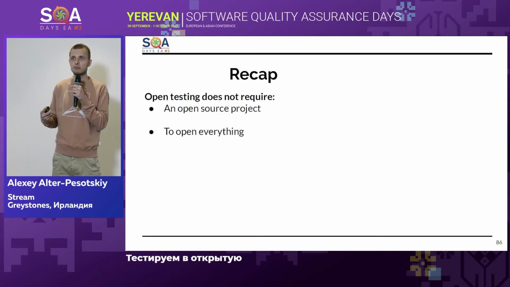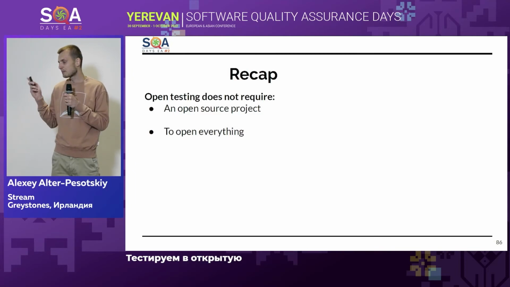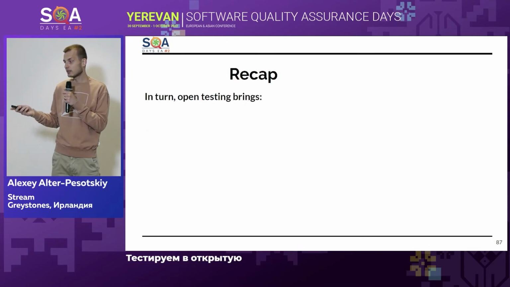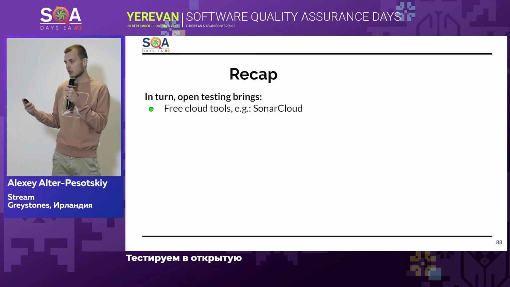If you have some testing framework that you can extract from your automation tests and integrate it from another repo, everyone will benefit from it, you and the community, and you will also have some bug reports from the community coming to that framework. And yeah, in turn, open testing brings free cloud tools, best cloud tools, for instance, Allure cloud.